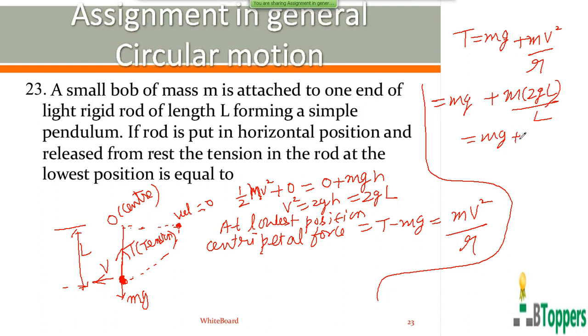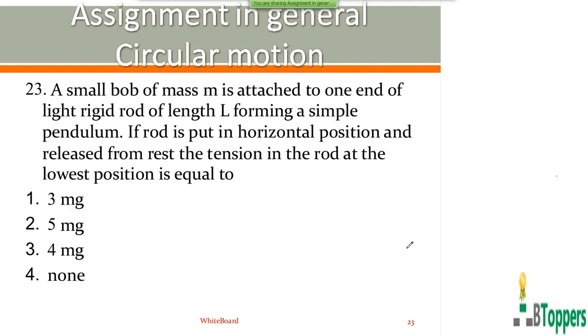So you get mg plus 2mg, or 3mg. So the answer is 3mg. If you want to copy the solution of the problem, you can pause and copy it. So for question number 23, which I have just discussed, the first option is the answer.